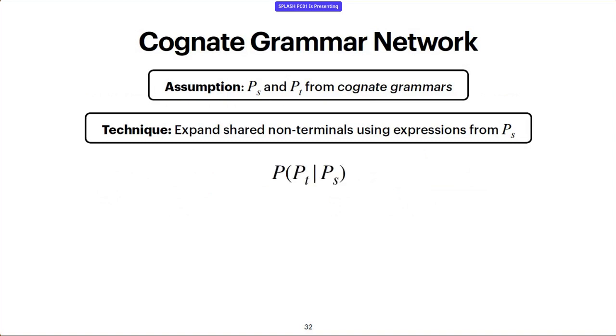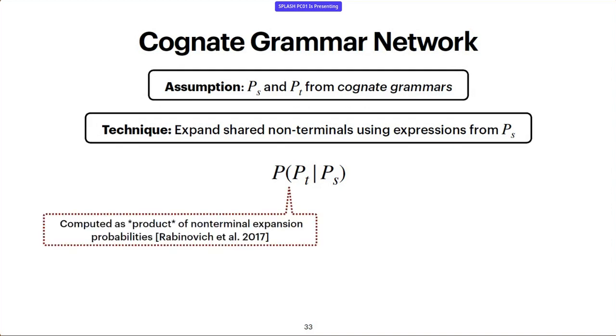The goal of our cognate grammar network is to compute the probability of a target program, p sub t, given the source program, p sub s. And ideally, if we compute this well, we would like a probability distribution that places high probability on target programs that are actually equivalent to the source program.